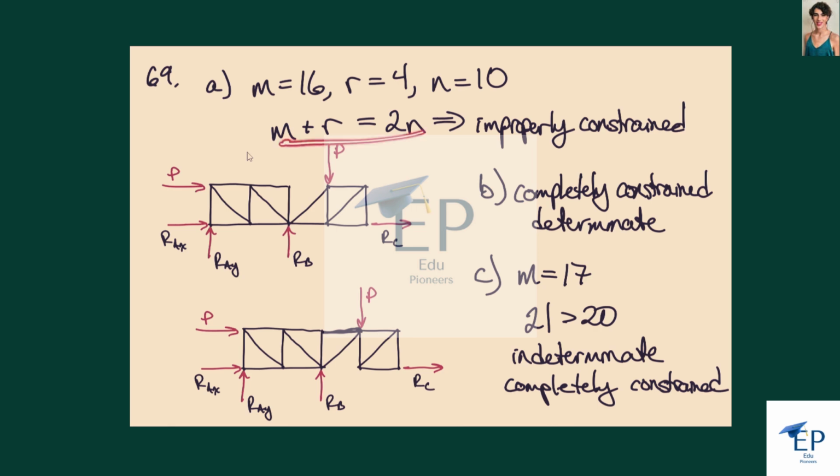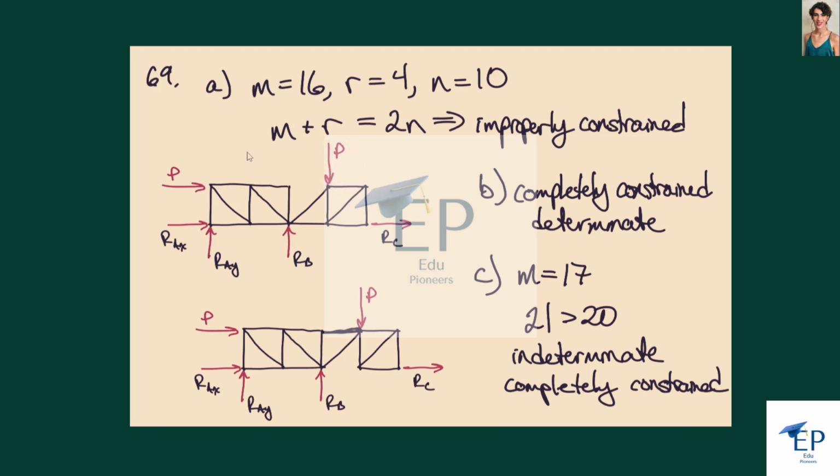m plus r equals 2n, so we know that it is completely constrained. But it's improperly constrained because you can see that this section here, there's a pivot point there, and there's really nothing. This load here is not acting to counteract the load here.